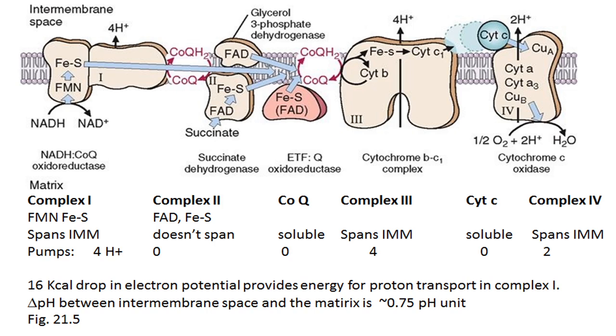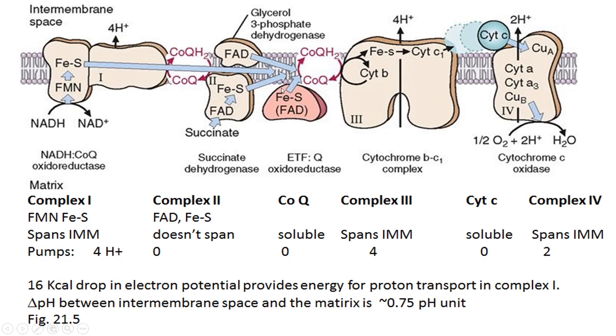Complex 2 transfers electrons to coenzyme Q without associated proton pumping across the inner mitochondrial membrane. Then I will discuss how the electron is transferred from coenzyme Q to cytochrome C. Complex 1 and complex 2 both donate electrons to coenzyme Q.